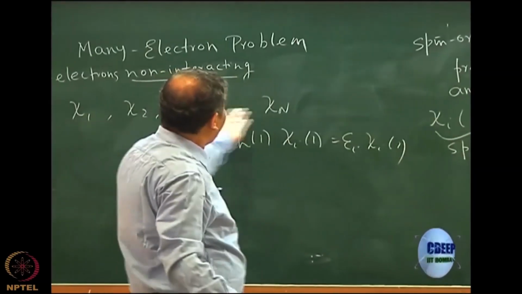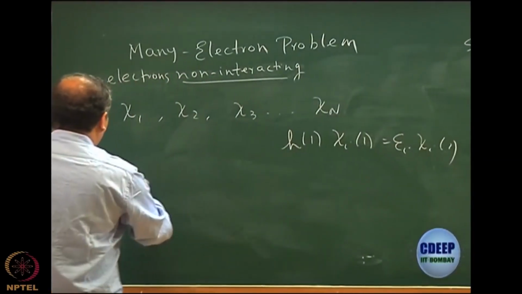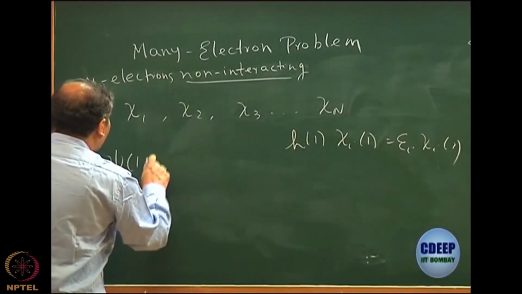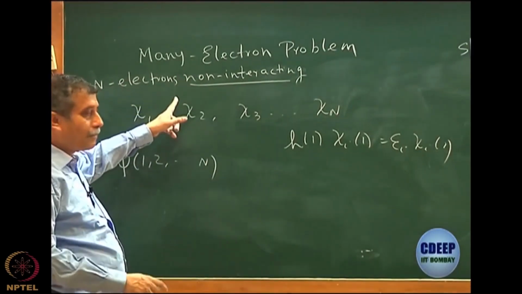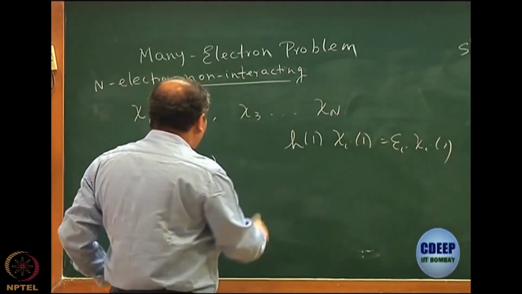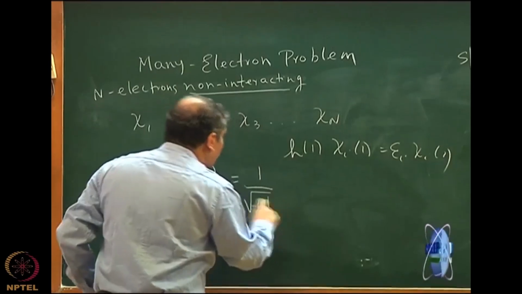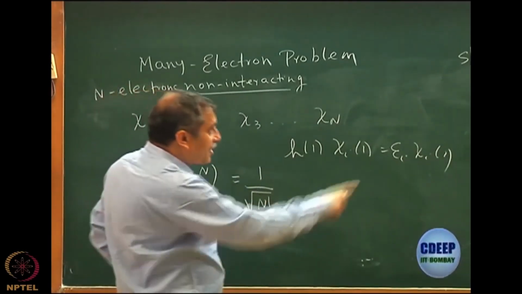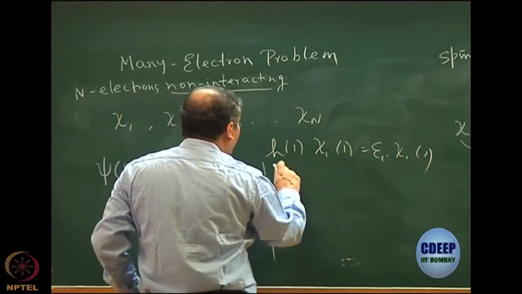So I can generate n number of eigenfunctions, n number of spin orbitals, and then I can construct my wave function for a non-interacting n particle problem, or n electron problem, as an antisymmetric product. Let's say I take chi1 to chi n, then I can write down this determinant. Again, there is a normalization constant, 1 by square root n factorial, and just like that, we can generalize it.